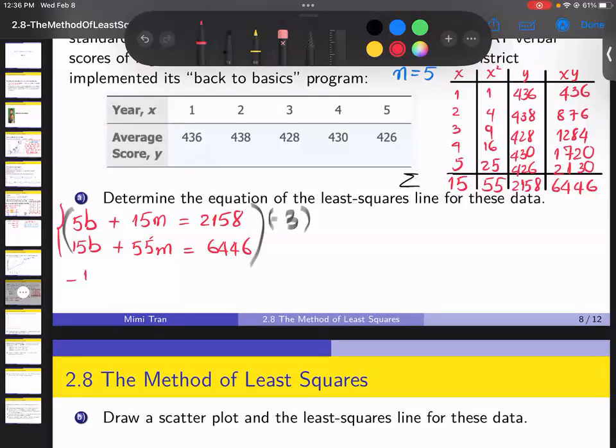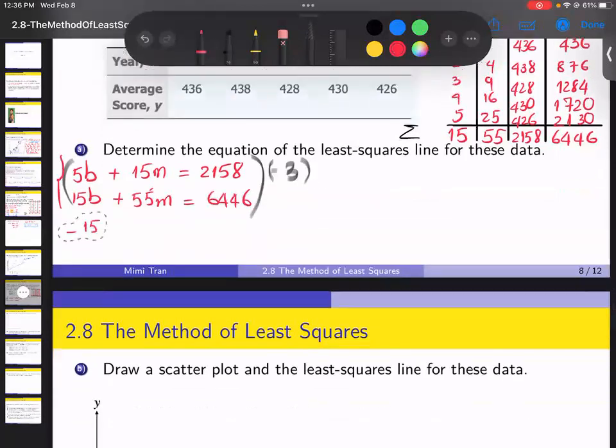So I have -15b minus 45m equal, from my notes, so I don't have to pull out my calculator, -6474.